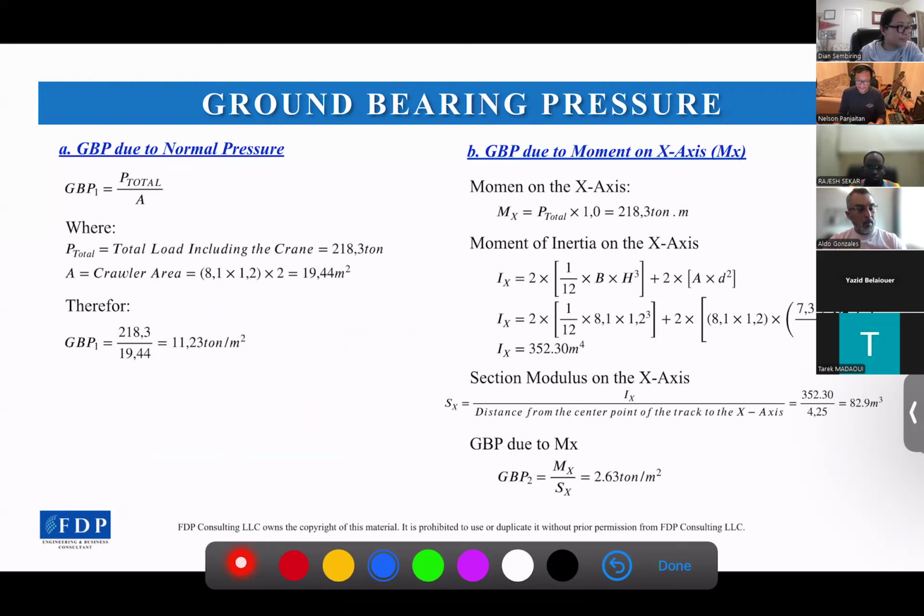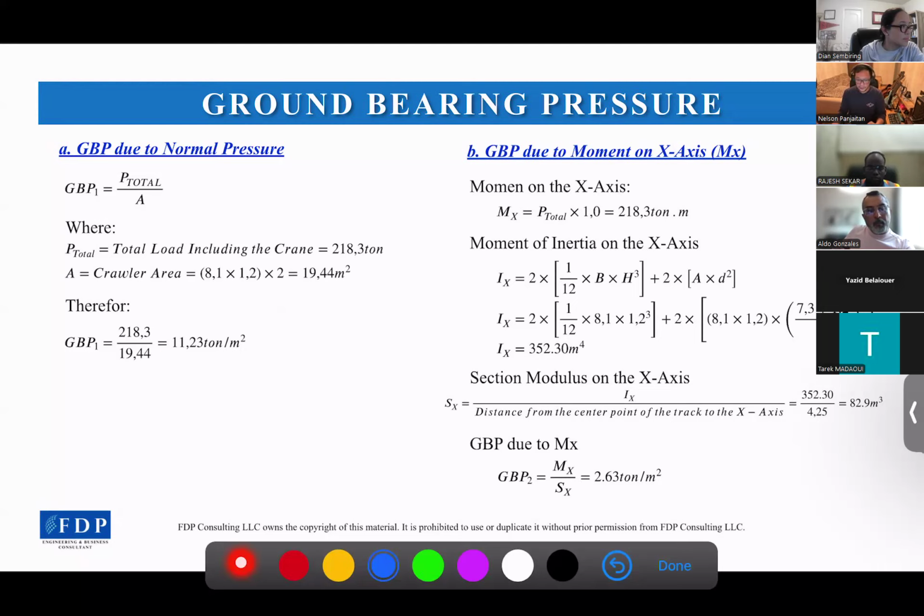That's the question, correct? So we will use the section modulus of the track. Now, the question again, what is the section modulus? Section modulus is a geometric property of a section. In structural engineering, we use this to design a flexural member like a beam or even a footing.